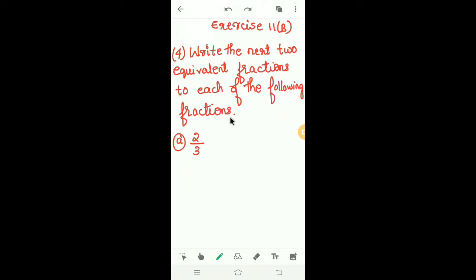The first one, 2 by 3. Here we can't divide 2. So we have to multiply numerator and denominator by 2. 2 into 2 by 3 into 2. 2 twos are 4, 3 twos are 6.